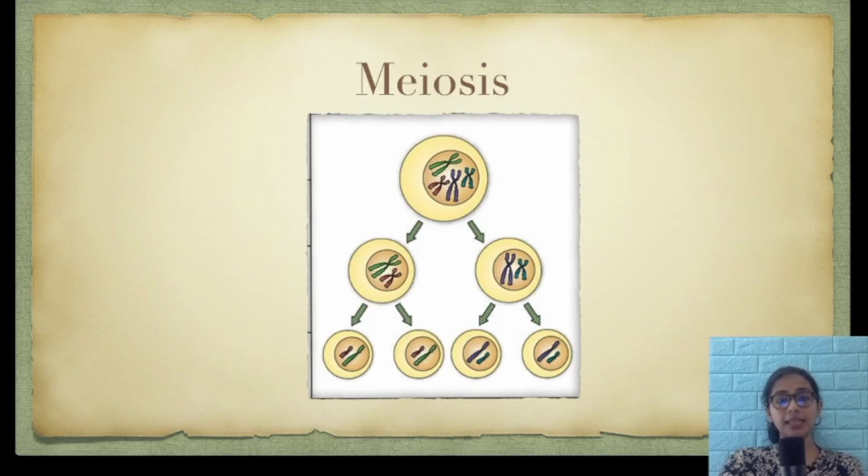And you can see that the number of chromosomes is actually reducing to half in the daughter cell. That means the daughter cells have got half the number of chromosomes from the mother cell, right?